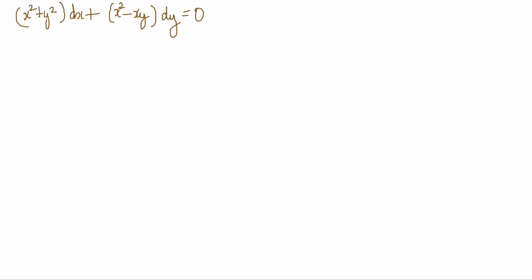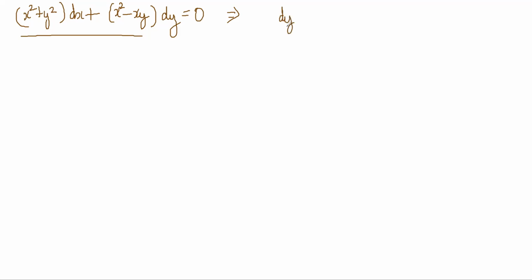I'm doing example 1. Okay, x square plus y square dx plus x square minus xy dy, right? So I think we did it with minus y square before this. If we did that, then that is wrong. Oh, we did something weird. Yeah, I think we made a mistake there.